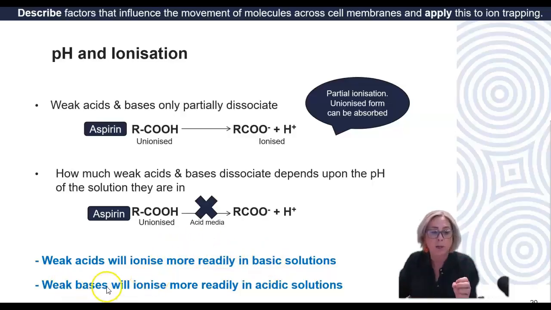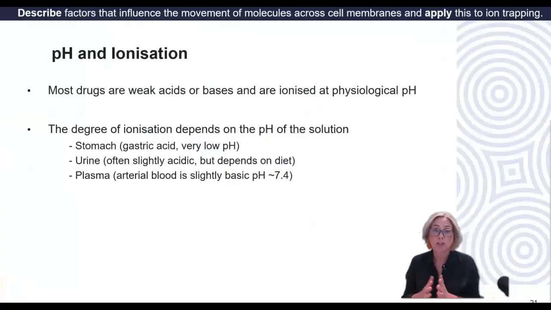And similarly, weak bases will ionize more readily in acidic solutions and therefore will be less easily absorbed as well because they're water soluble. Now, most drugs are actually weak acids or weak bases, and they are ionized at physiological pH. And the degree of ionization depends on the pH of the solution, as I've already mentioned.